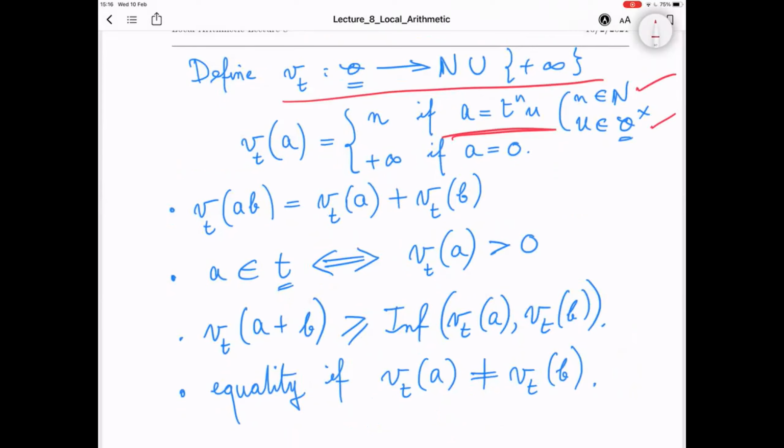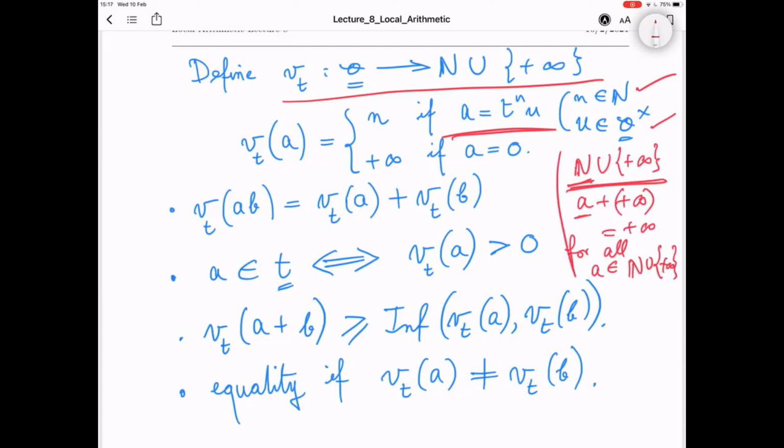Vt is a map from O to this monoid N union plus infinity. It's a monoid. I can add things here, right? If both of them are here, then of course you know how to add them. But if one of them is plus infinity, then a plus plus infinity is equal to plus infinity for all a in N union plus infinity.